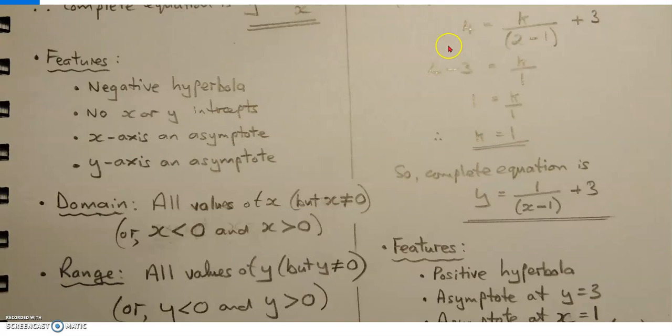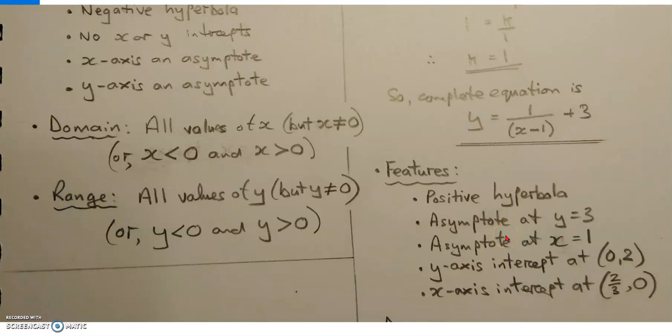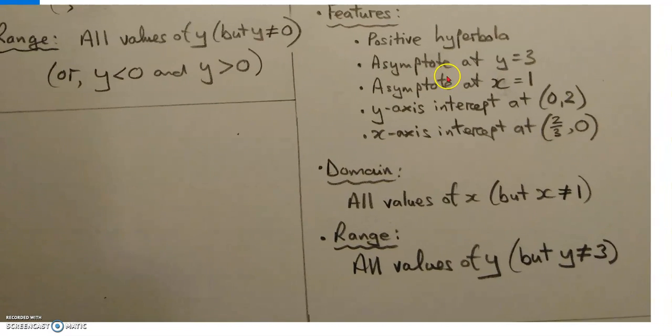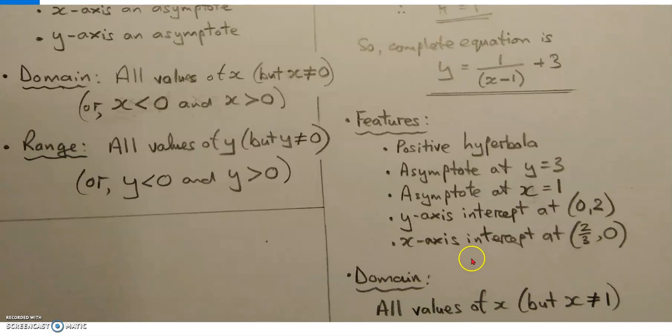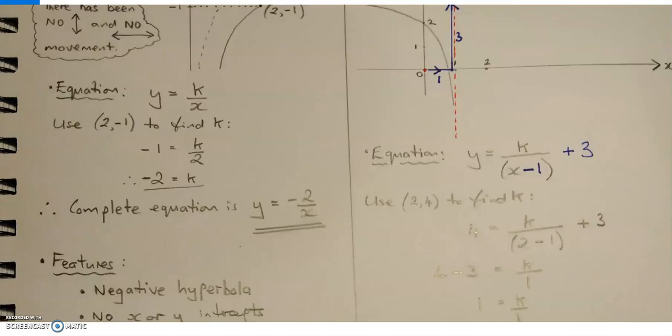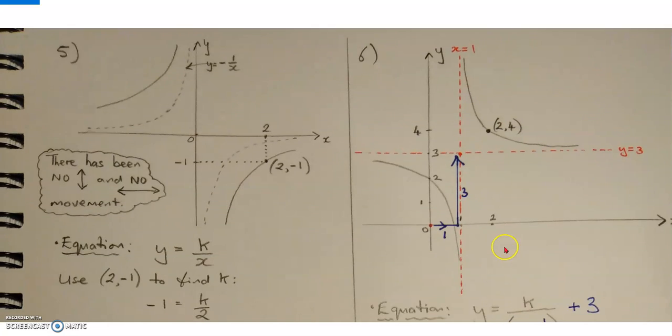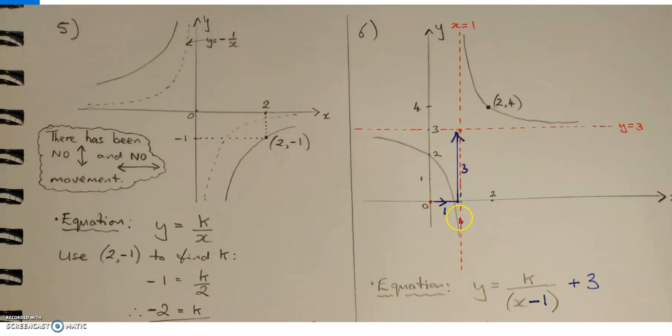Okay, so that's the features mentioned. Now we then need to talk about the values of x for the domain. Again, I've written here that x does not equal 1. And the range is all the values of y, but y cannot equal 3. That is because of those two values for x and y: along this value of x equals 1, you've got no graph.